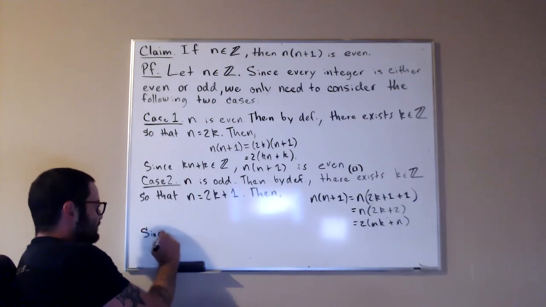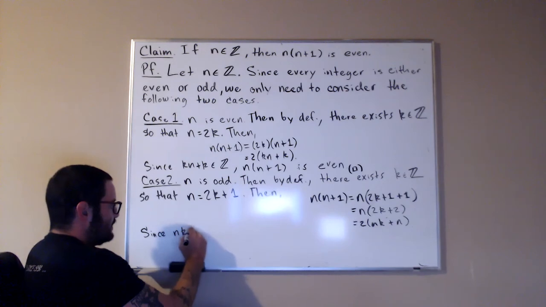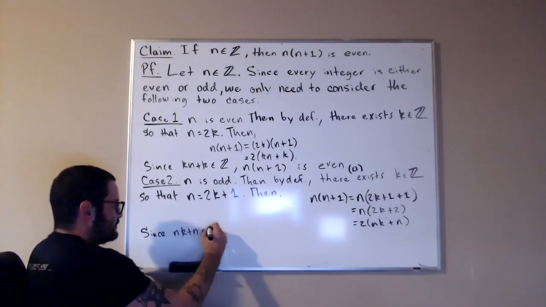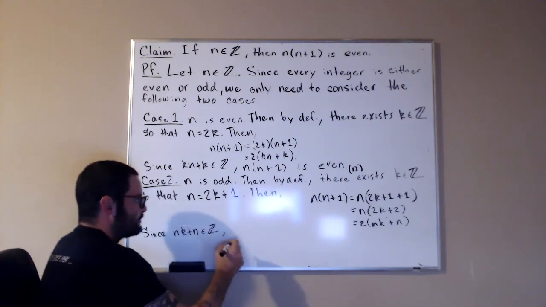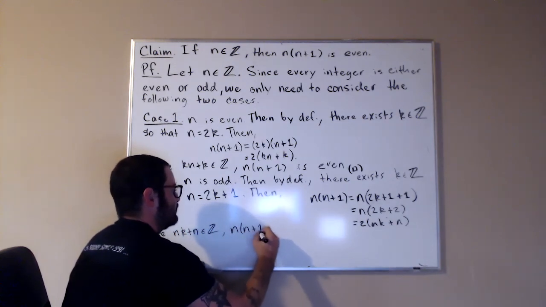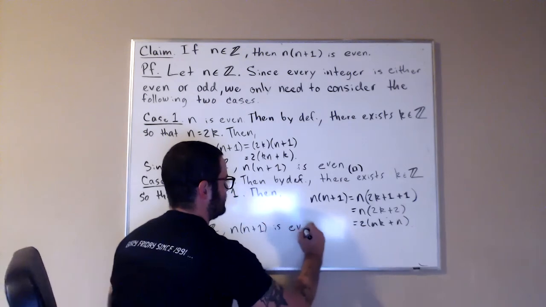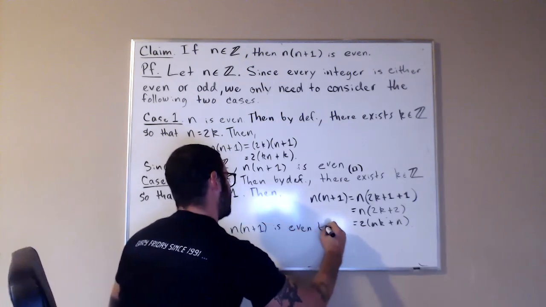Since n times k plus n is an integer, n times n plus 1 is even by definition.